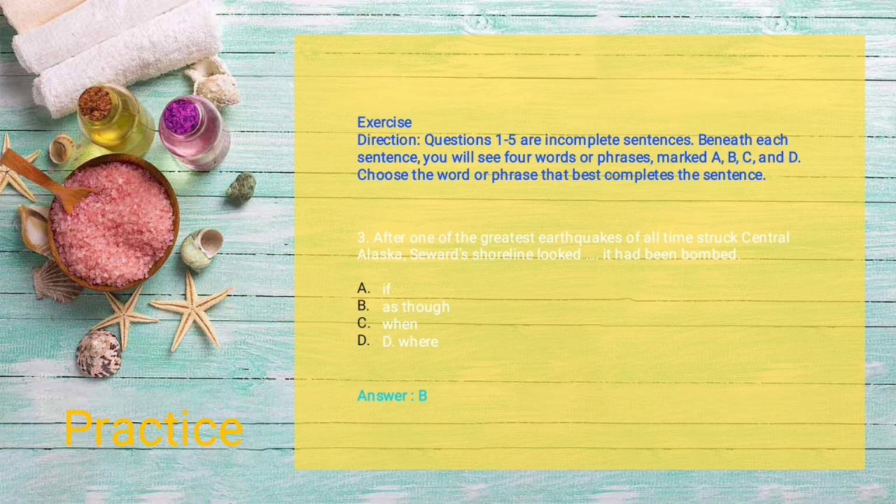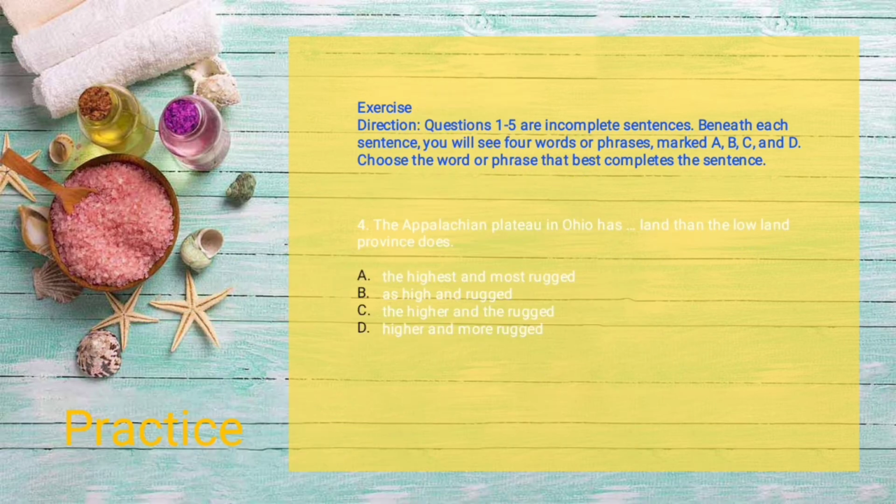Number 4. The Appalachian Plateau in Ohio has blank land than the lowland province does. A, the highest and most rugged. B, as high and rugged. C, the higher and the rugged.